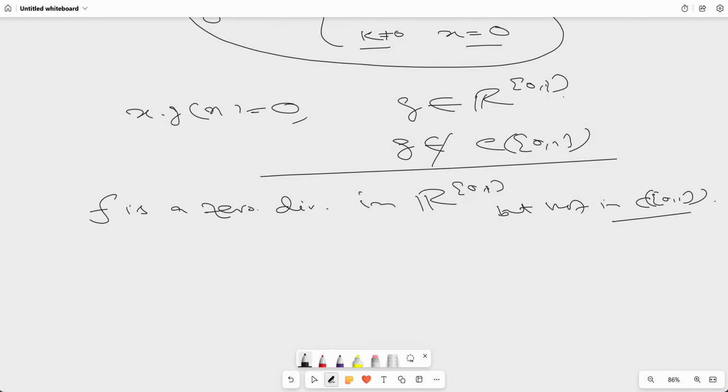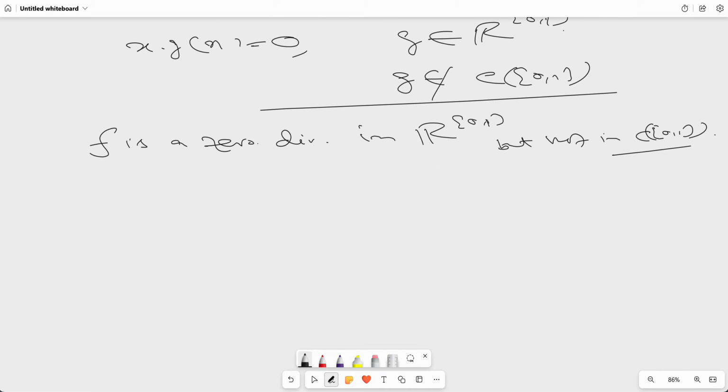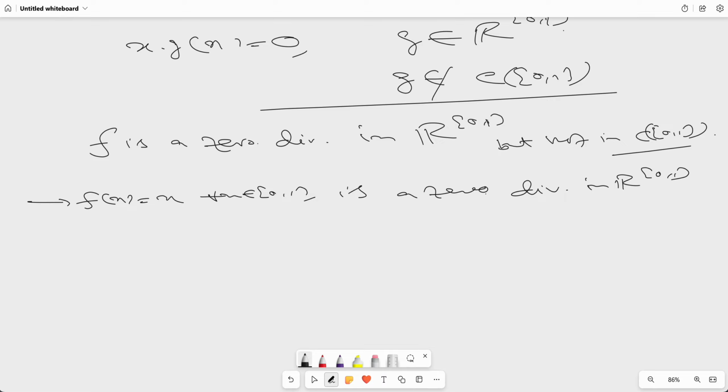Since f(x) equals x is a zero divisor in R^[0,1], hence f cannot be a unit in R^[0,1]. If it is a zero divisor, it cannot be a unit. We have proved this in an earlier lecture, right? Hence f cannot be a unit in R^[0,1].